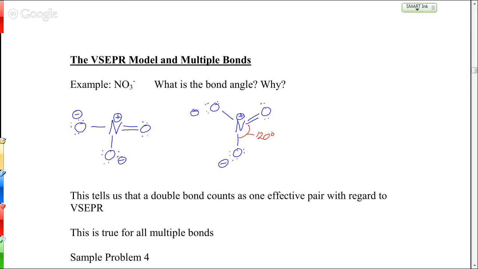We'd expect there to be some uneven bond angles. So maybe instead of all 120 degrees, maybe 2 of them are a little bit bigger than 120, and 1 of them is a little bit less than 120. But actually, they're all even. And that tells us that there's not a double bond and 2 single bonds, but rather 3 bonds that are averages, like 1.5 or 1 1/3 bonds. So make sure when you have double bond molecules, you're only counting them as 1 group.